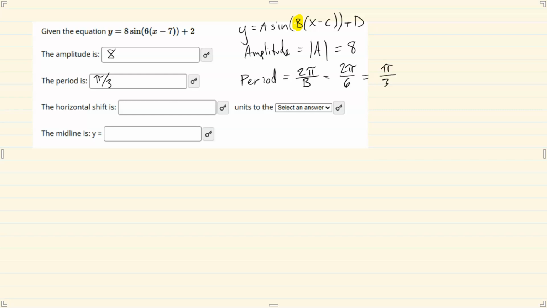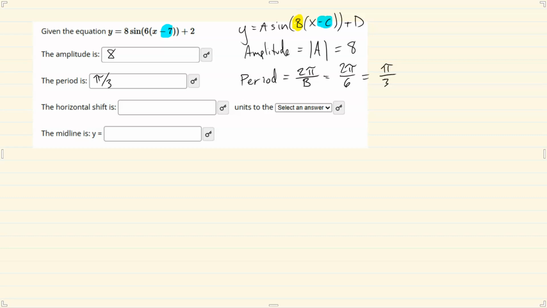Notice it says minus c, so you want to focus on the opposite number. It's minus 7, so c is positive 7. That tells us it is a shift to the right 7 units.